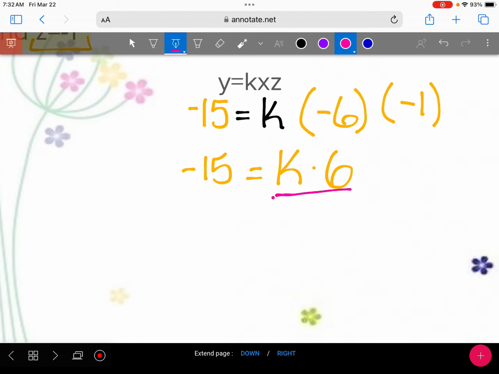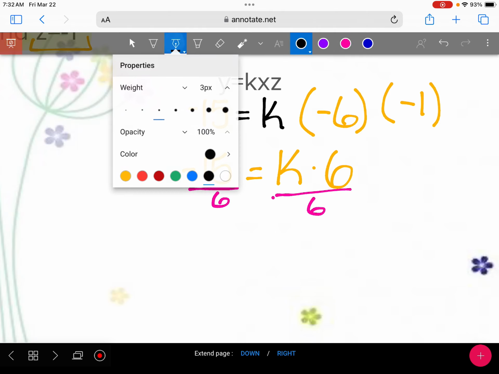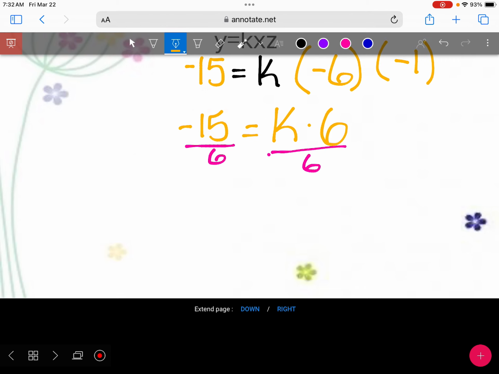Divide by 6. So we're going to have our k be this kind of ugly looking fraction of negative 15 over 6. Though both of those are simplifiable because they both divide by 3. So we could make this be negative 5 over 2. You can also leave it as negative 15 over 6.